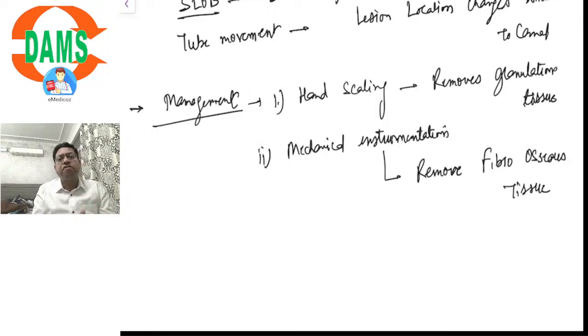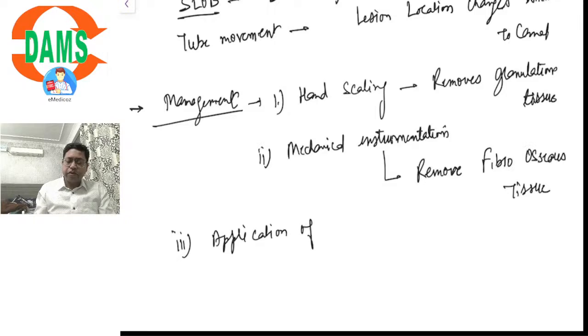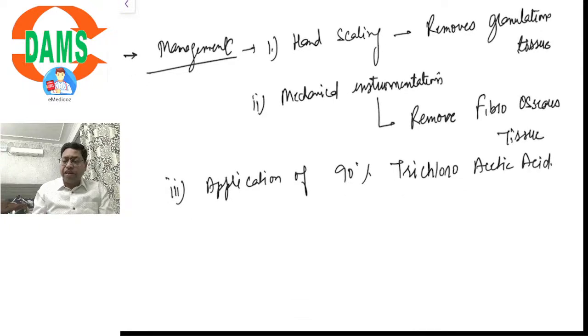After these pathological tissues have been removed from the defect, the third step is application of 90% trichloroacetic acid. We apply 90% trichloroacetic acid on the defect.